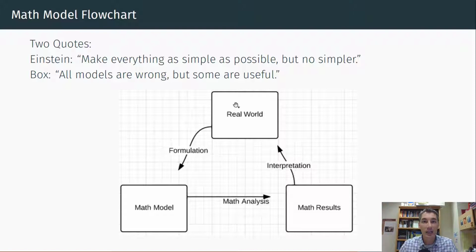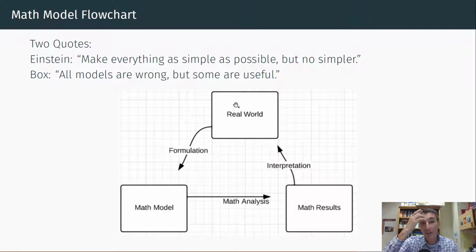I don't know, 1 trillion atoms, or probably even more than that, in the coffee cup. But are you going to pay attention to the location of every single atom? Well, that would make things incredibly complicated. It would be more true in a sense, but it would also obfuscate all of the meaning out of it. And so you can just sort of say, well, it's just a coffee cup, right? And then you're making it as simple as possible, but no simpler.